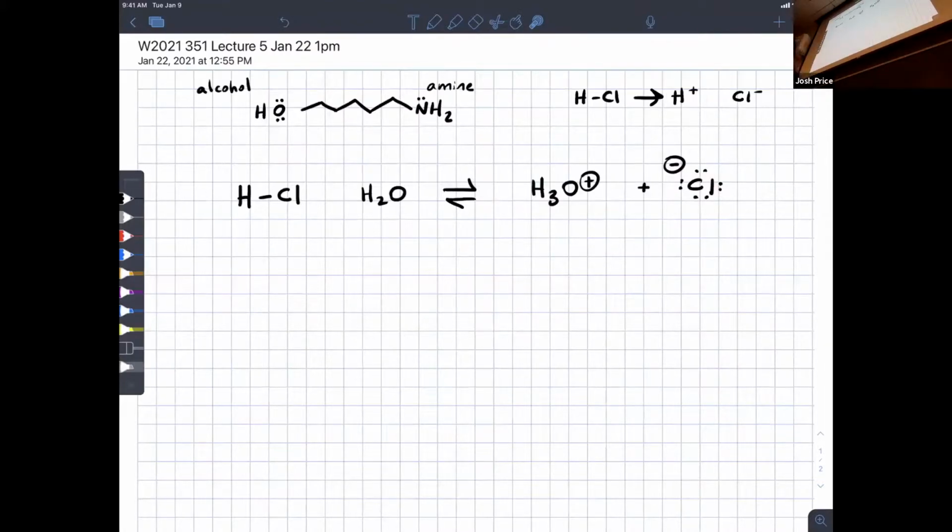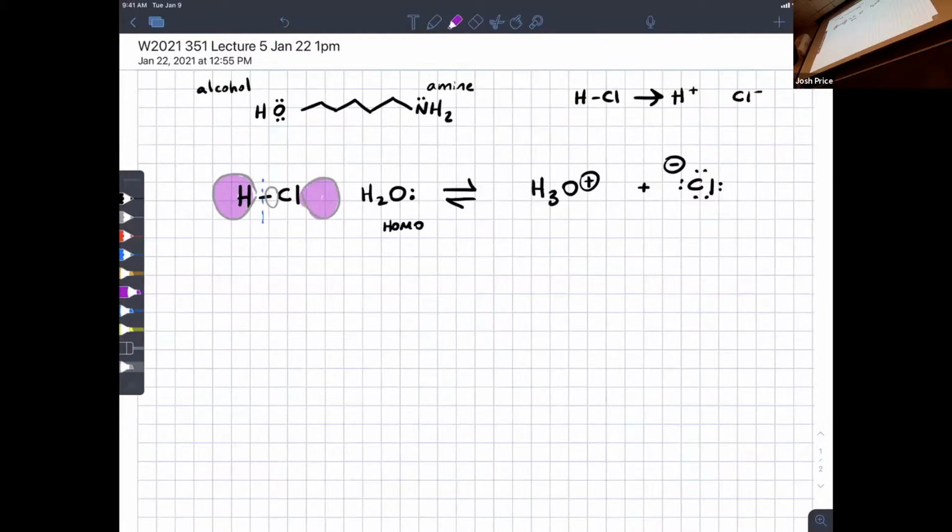the way that happens is actually a HOMO-LUMO reaction. Lone pair electrons on the oxygen of water, the HOMO of water, attack the LUMO of HCl, which happens to be the hydrogen chloride sigma star, which looks something like this.